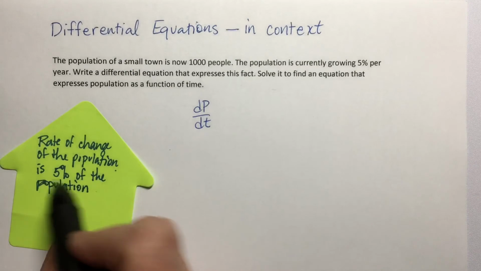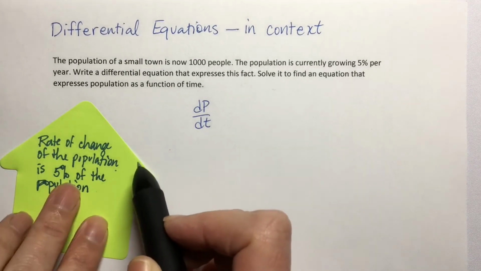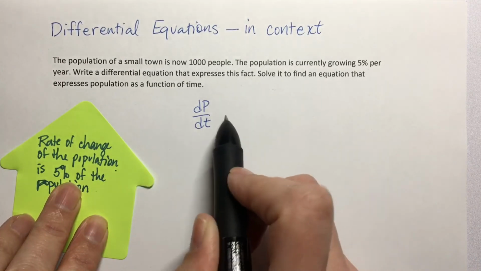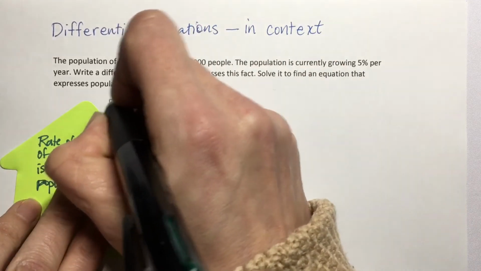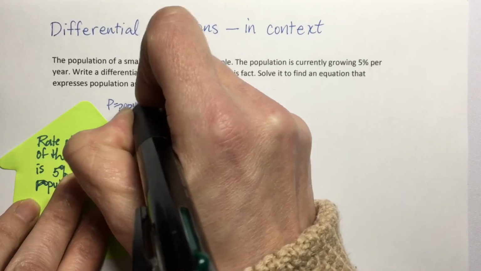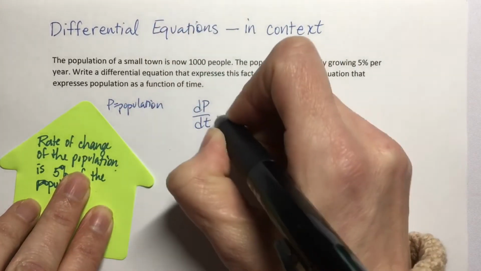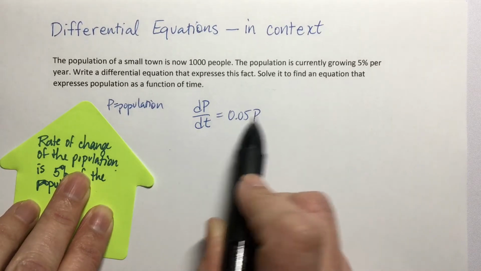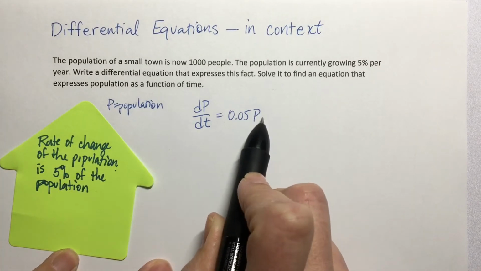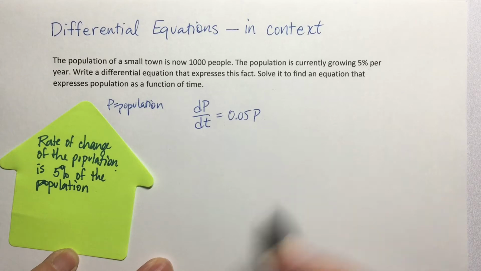And then it is 5% of the population. So if it's growing 5% a year, and if p is the population, then it's 0.05 times p, so 5% of the original p. So here's our differential equation.